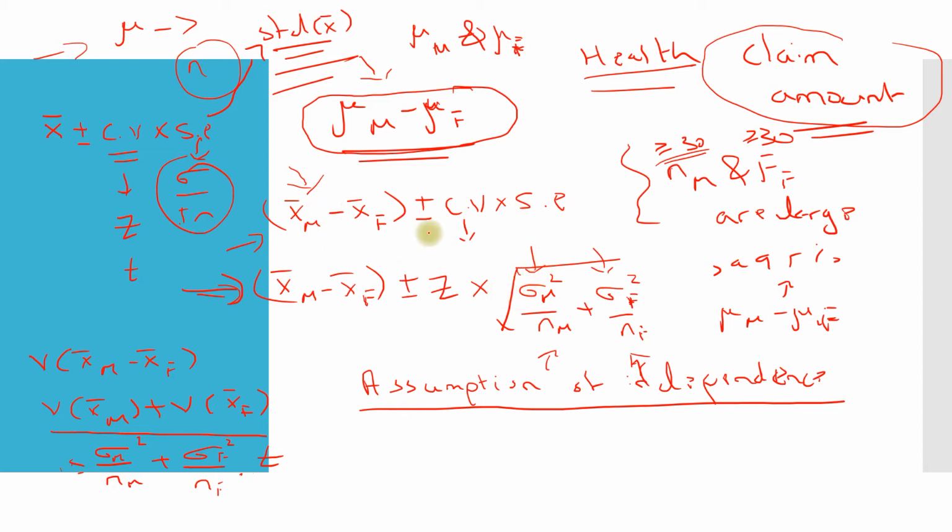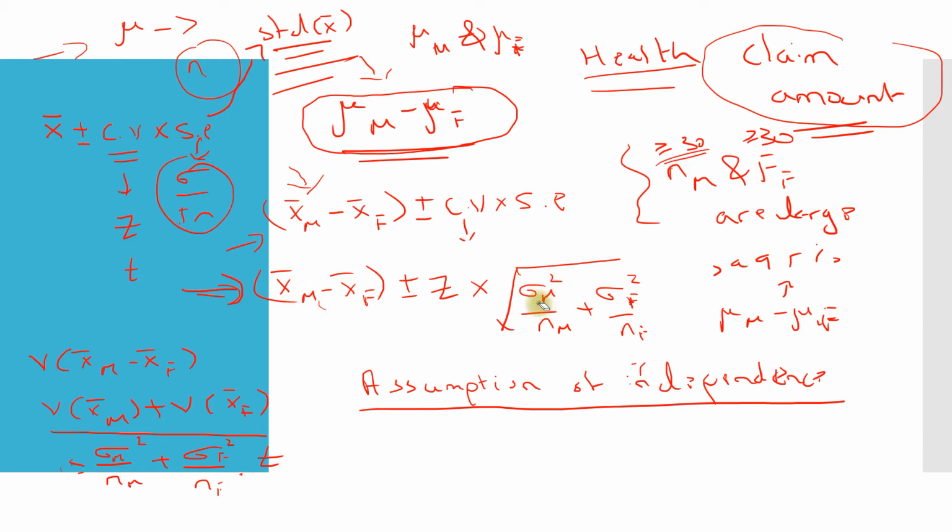So that's one of the cases where you are dealing with two large samples. But one thing I would like to point out is that most of the time, if not all the time, sigma squared m and sigma squared f are unknown. Remember that they are parameters. If the mean is unknown, generally these will be unknown as well.